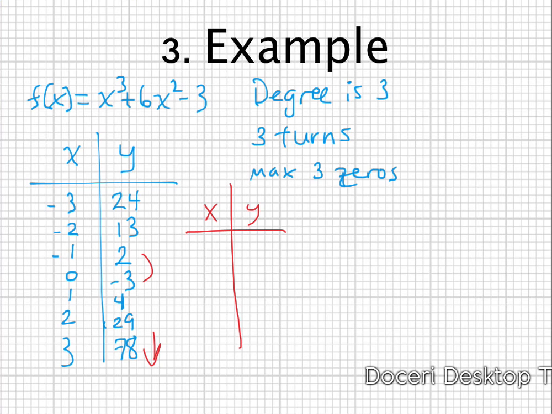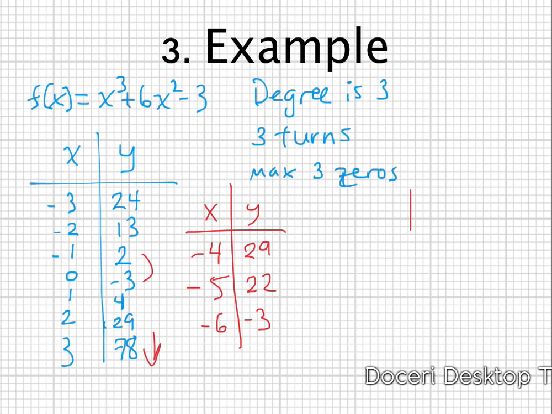If x is -4, I get positive 29, so I'm getting bigger. If x is -5, I get 22, I've gotten smaller. And then if x is -6, I'm at -3. And actually, I'll keep going smaller.